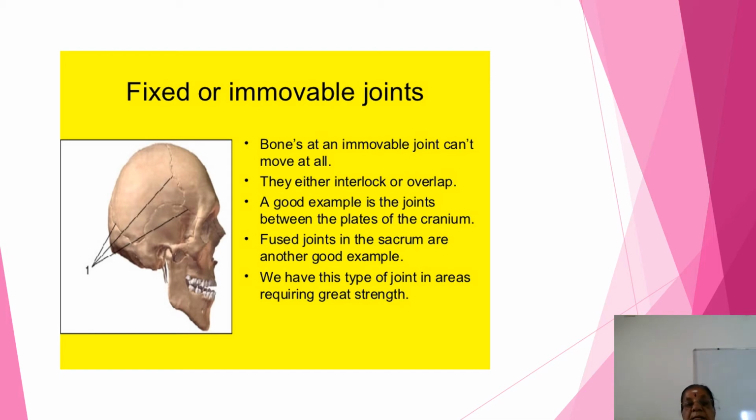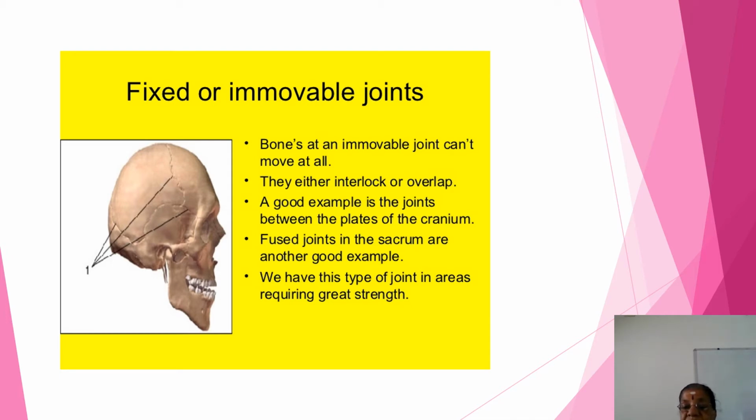Right? They either interlock or overlap. Interlock: in the skull, this zigzag line is marked and labeled one. They are called sutures.